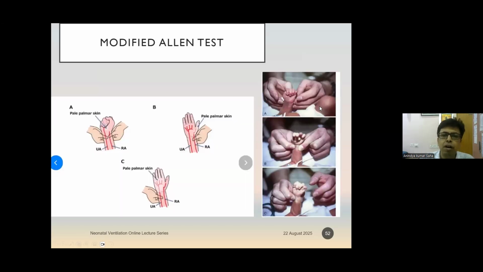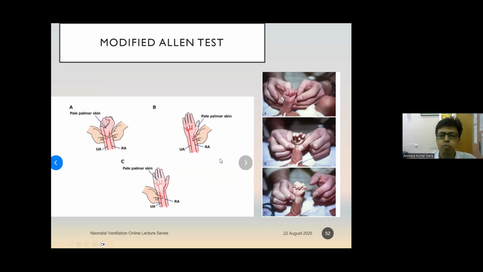Then we do the modified Allen test where we compress both the radial and ulnar arteries. Then we release the ulnar artery to see whether the circulation is patent, and then we compress the ulnar artery to see whether the radial artery is patent.